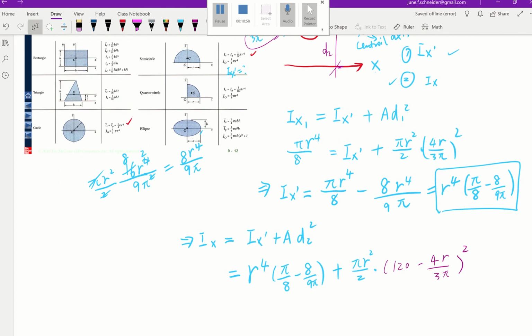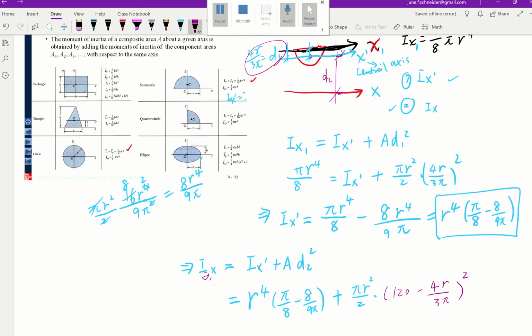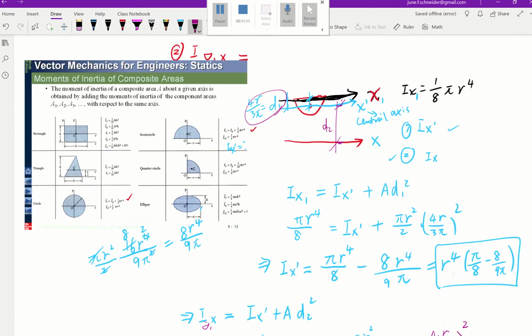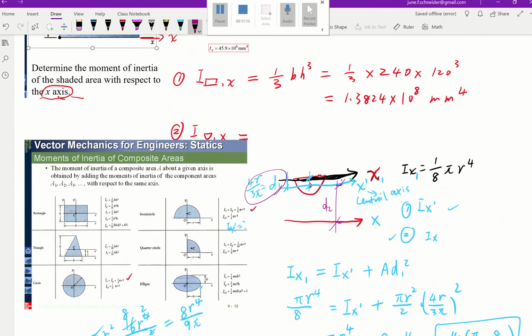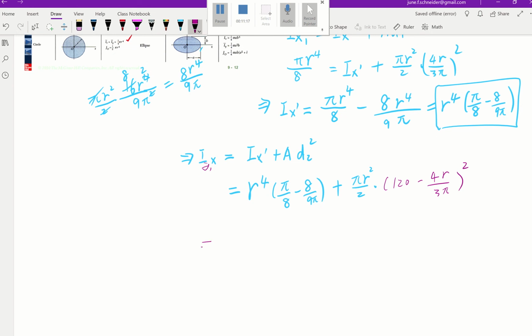So that's going to be our Ix, and make a note, this is Ix for this semicircle, right? We found it for the rectangle already. Now I'm just going to do my heavy duty math here to get this value.